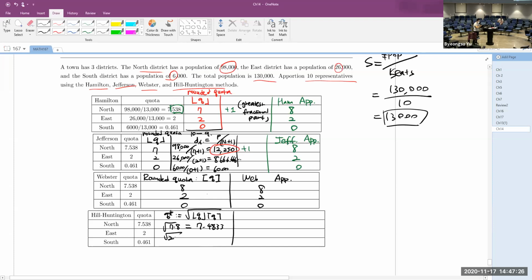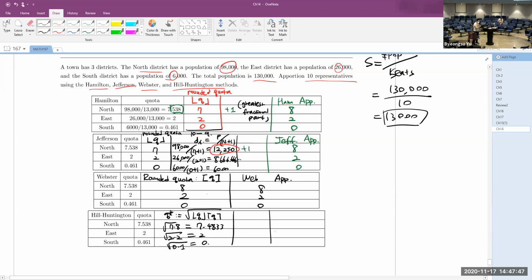And the second one is 2 times 2. It is 2 because rounding up of 2 is 2, and rounding down of 2 is also 2. So it is just the square root of 2 squared. So that's why we have 2. And in the case of South, it is rounding up and down of 0 and 1, so it is just 0.